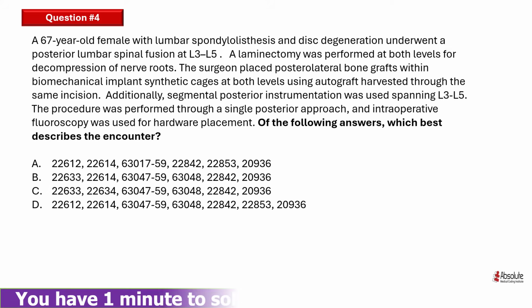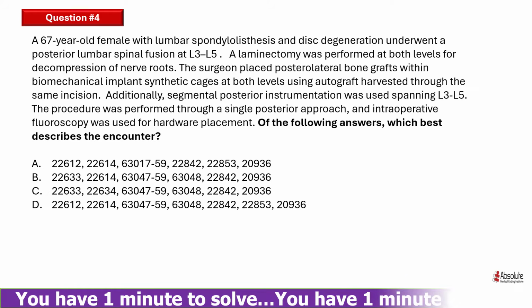A 67-year-old female with lumbar spondylolisthesis and disc degeneration underwent a posterior lumbar spinal fusion at L3 through L5. A laminectomy was performed at both levels for decompression of nerve roots.